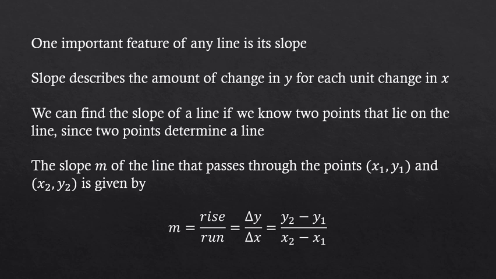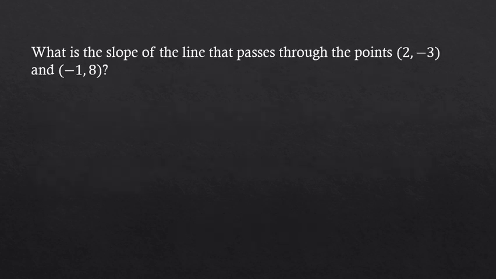So let's just see a couple samples here where we calculate the slope of a line given 2 points. So first up, what's the slope of the line that passes through the points 2, -3 and -1, 8? Well, once again, it doesn't matter what we choose as our x1, y1, and x2, y2, but I'll go x2 and y2 there, and I'll go x1 and y1 there.